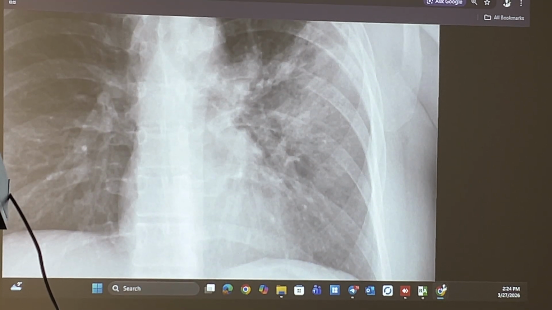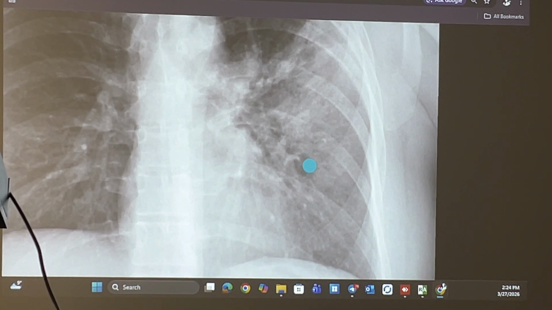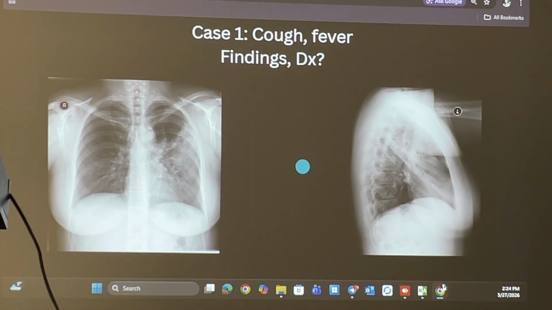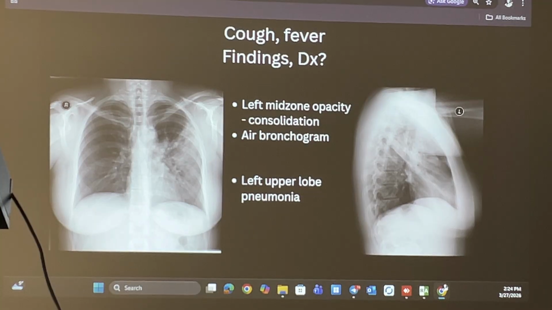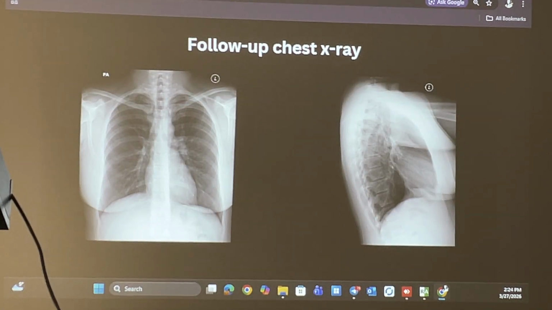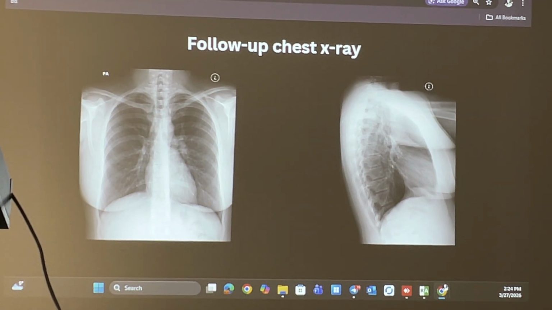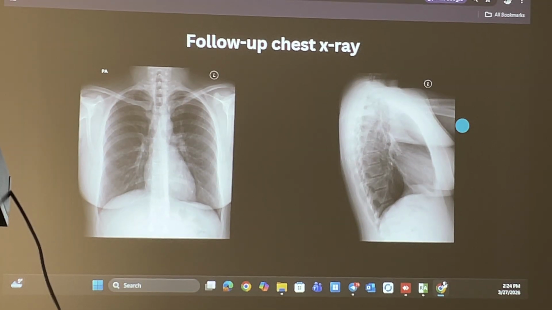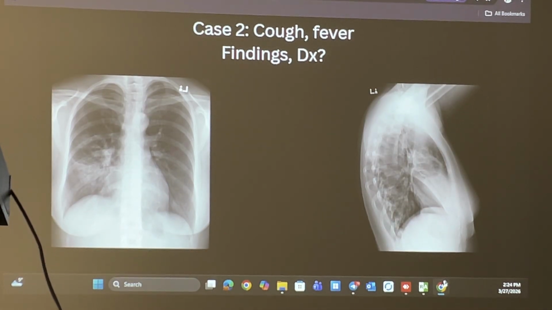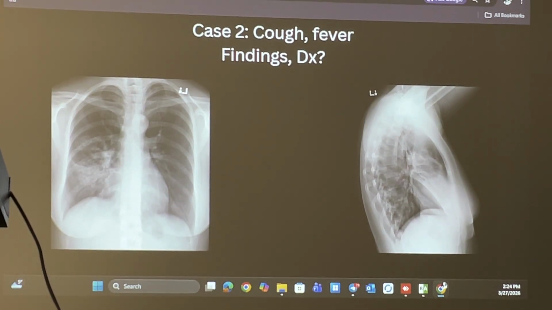Which part? Left upper lobe pneumonia. This is the follow-up chest X-ray. After treatment you can see that everything is resolved and the patient is going well enough.